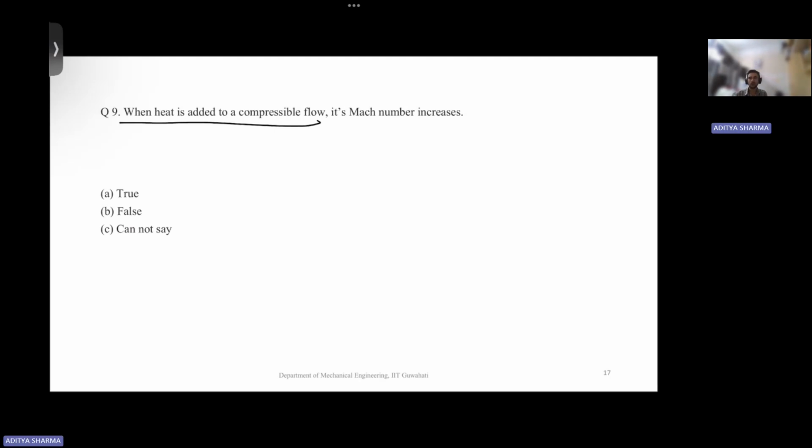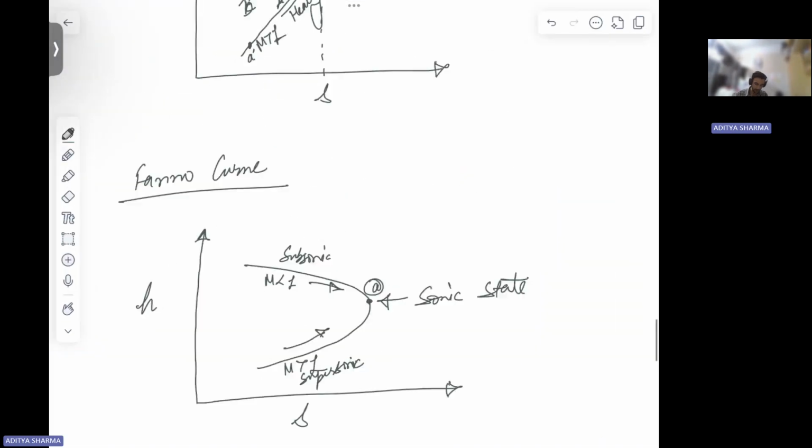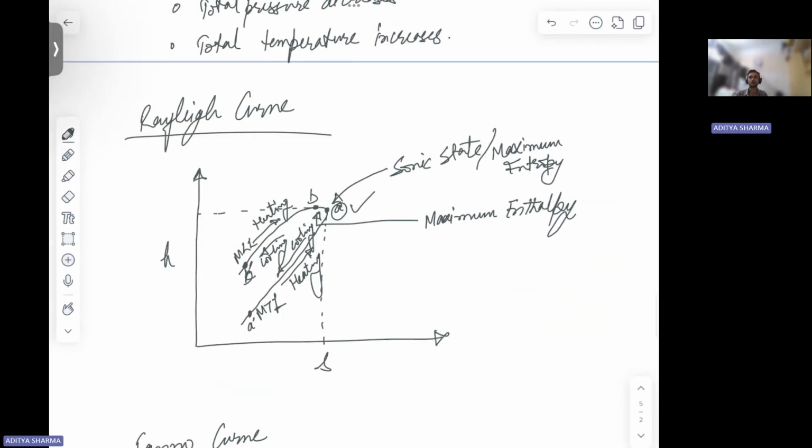So question 9 says that when heat is added to a compressible flow, its Mach number increases. So let's go to the Rayleigh curve, which talks about heat addition. On heat addition, for subsonic you see your Mach is going to increase, but for your supersonic, no. On heat addition, your Mach is decreasing.